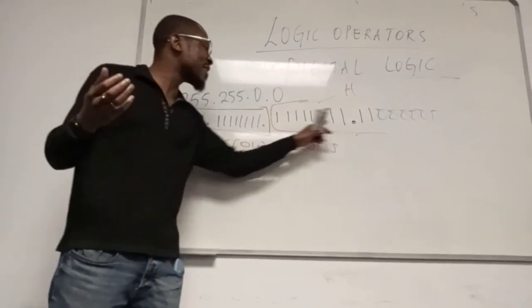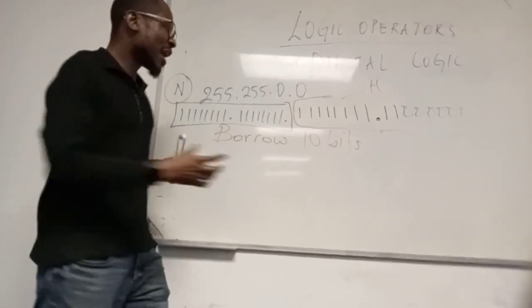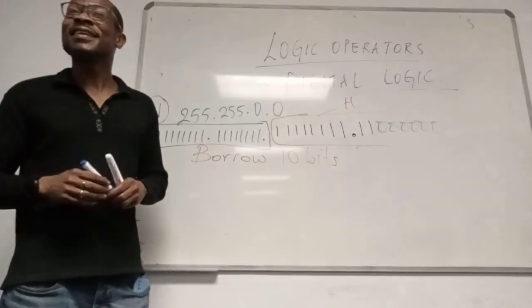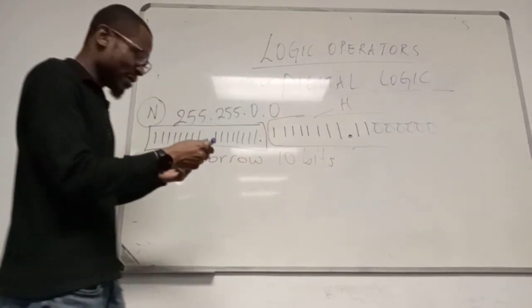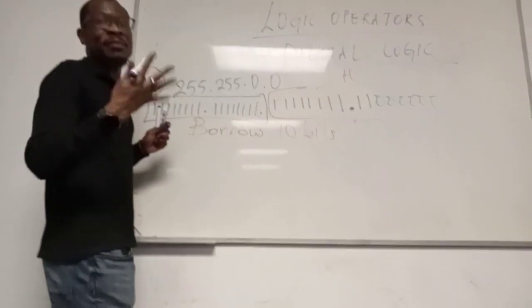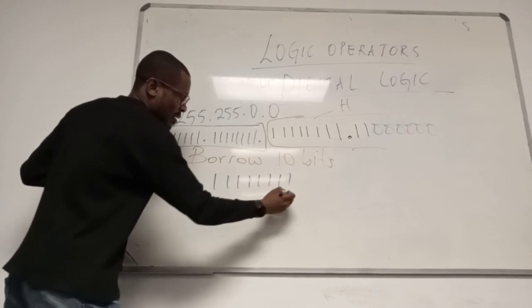You have to convert this to binary. How to convert this one? You know already it's 255. Let's do it, maybe you are not sure. Let's convert this one. 1, 2, 3, 4, 5, 6, 7, 8.